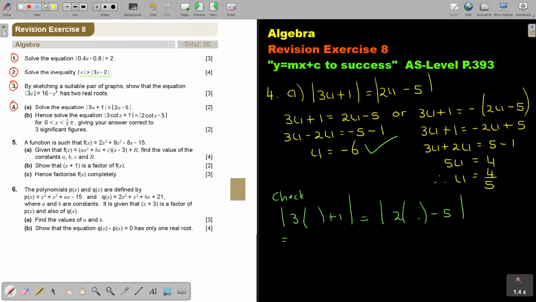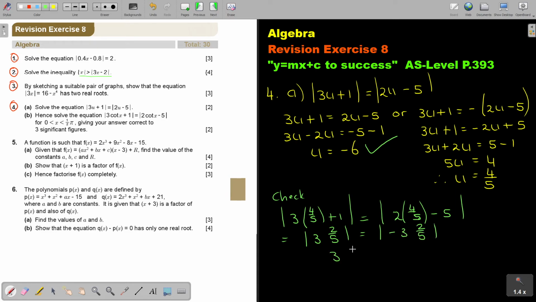And then I'm putting the 4 over 5 and the 4 over 5. Okay, and if I simplify this, I'm getting 3 and 2 over 5. And I'm getting negative 3 and 2 over 5.